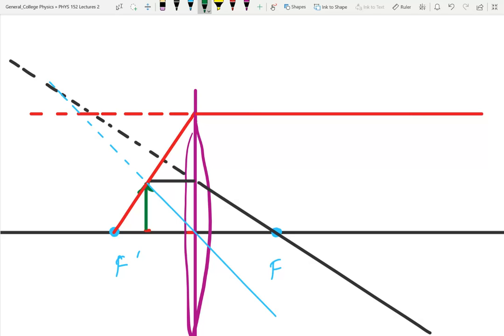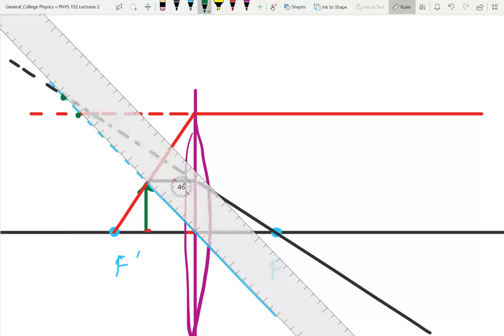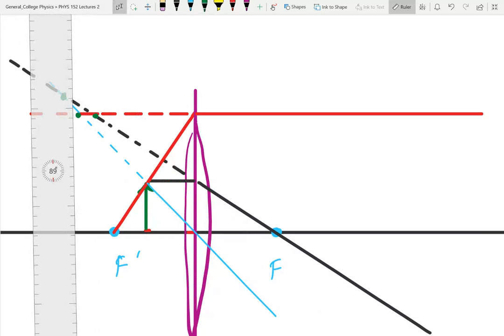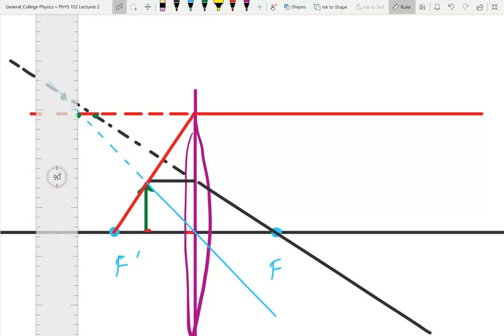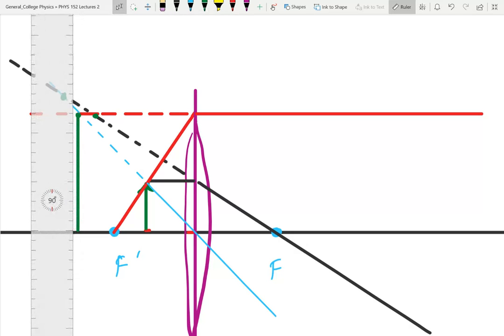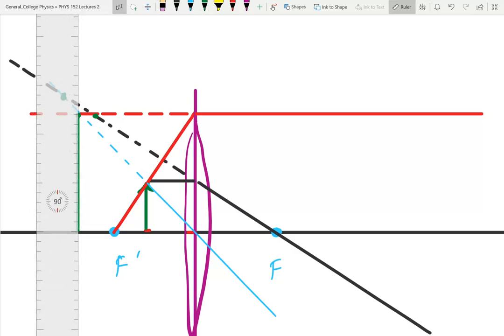So my image, I have, once again, my crossings there, there, and there. I take the center one, I'm going to say that's what I'm using for my image position. So my image position, I'm going to put right there. If we measure the height of that image, we find that it is 1, 2, 3, 4, 5, 6, 7, 8, 9, 10, 11, 12, just a little over 12.